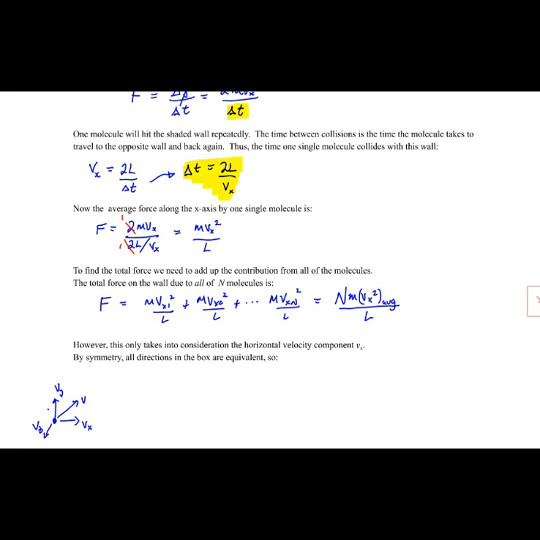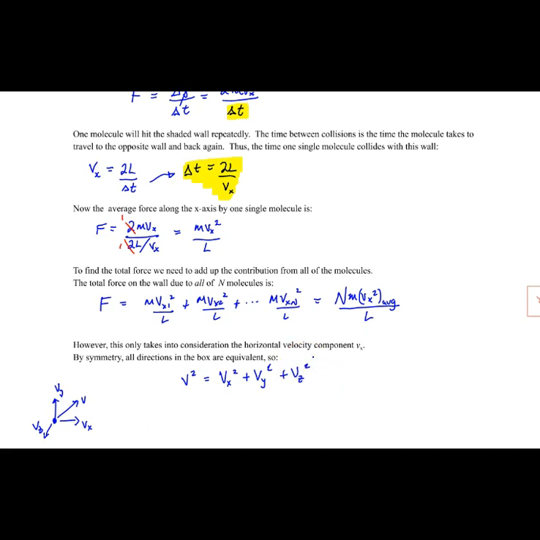And there's symmetry in this problem. We have a cube, L by L by L. So if you remember the Pythagorean theorem, we're going to apply it in three dimensions. So v squared is equal to vx squared plus vy squared plus vz squared.